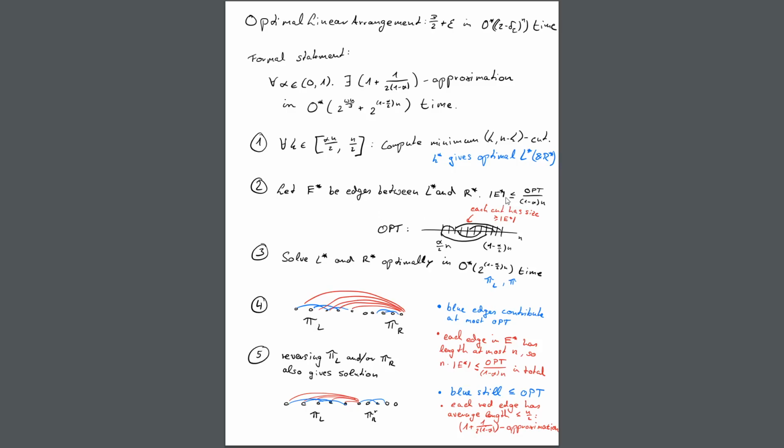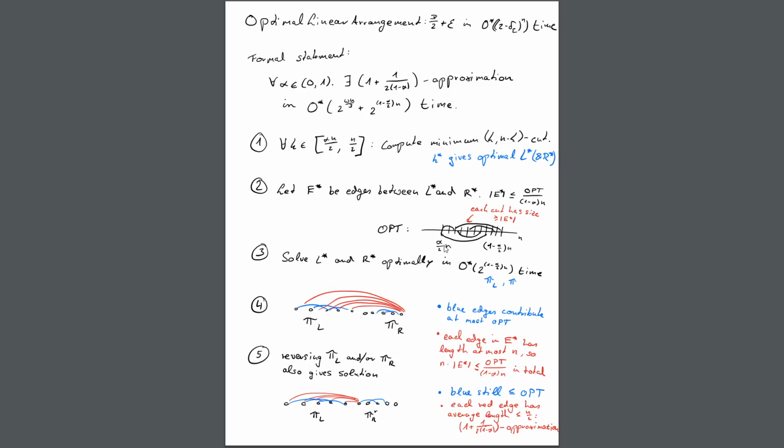Now we can observe that the number of edges is upper bounded by opt divided by 1 minus alpha n. Why is that? Consider an optimal solution. We don't know what happens in the first alpha n over 2 and the last alpha n over 2 vertices, because for those we didn't compute any cut.